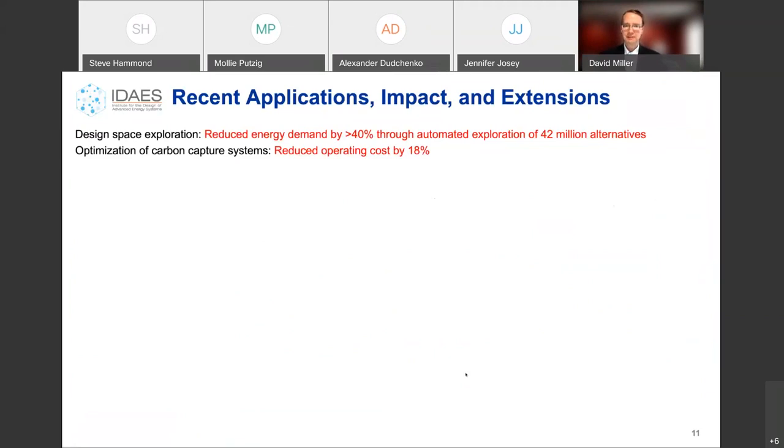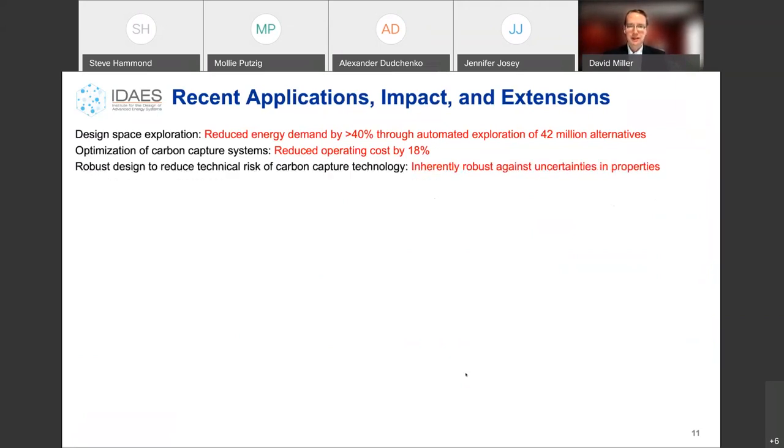In a specific carbon capture application, it reduced the operating cost by 18%. It's been able to identify robust designs in the context of a carbon capture technology to ensure that the design was robust against uncertainties and could still achieve a minimum capture rate.